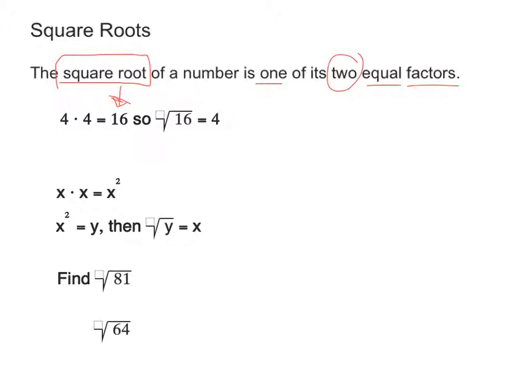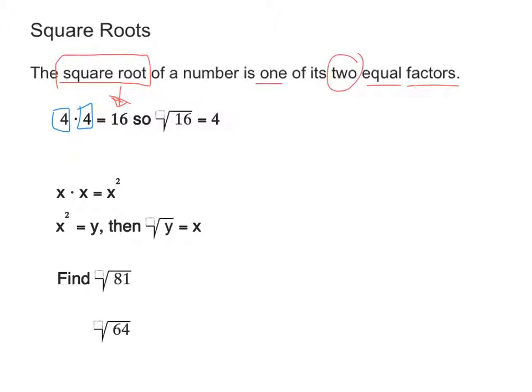So if we take a look at 16, we can see that the 2 equal factors that equal 16 are 4 times 4. Please notice that 4 and 4 here, that's the same number. That's the way it has to work. 4 times 4 is 16, so the square root of 16 is in fact 4.